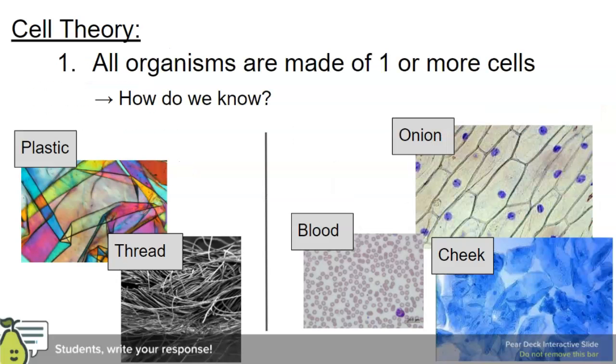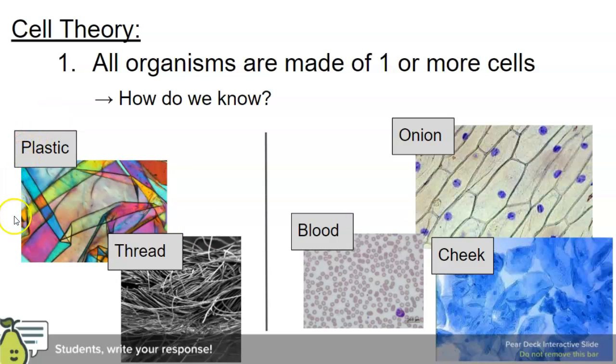The first part of this cell theory is that all organisms are made of one or more cells. Write this down. All organisms are made of one or more cells. If we take a look at the pictures here, on the left we have plastic and thread. On the right, we have blood, onion, cheek. What's the difference between the pictures on the left and the pictures on the right?